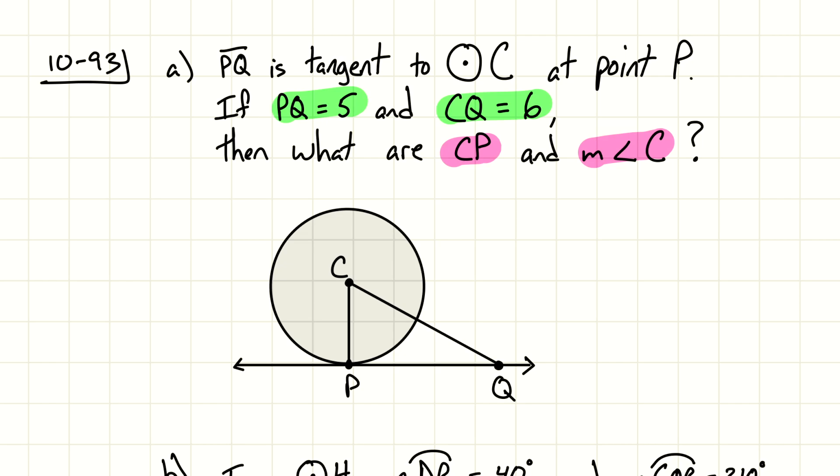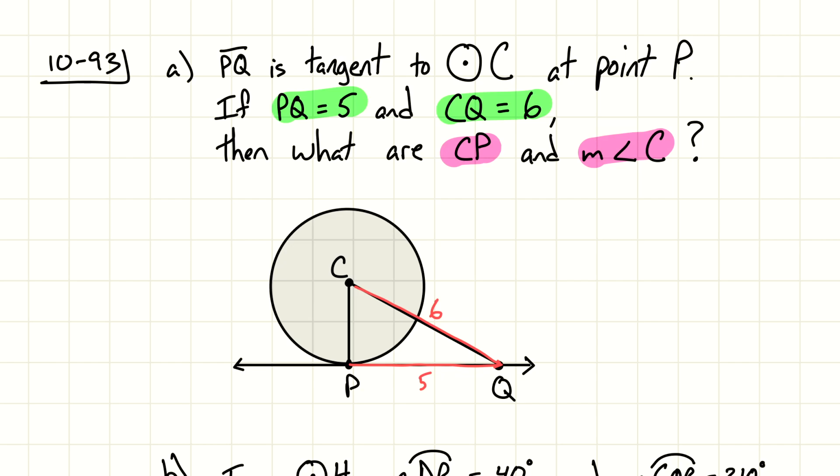So PQ is this line here, so I'm going to put this as 5, and CQ is equal to 6.